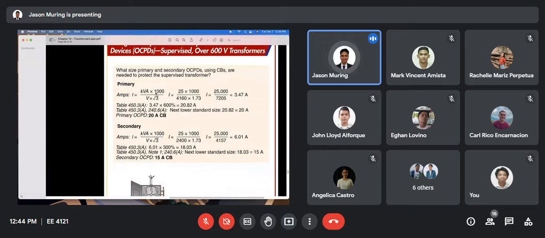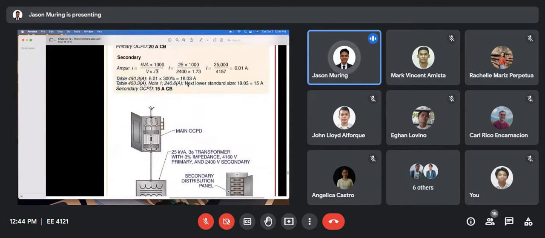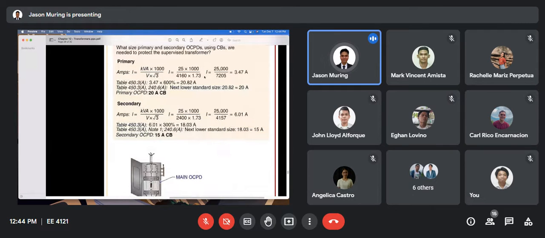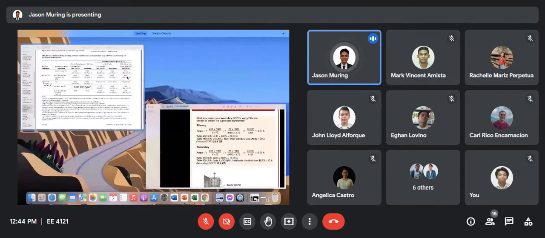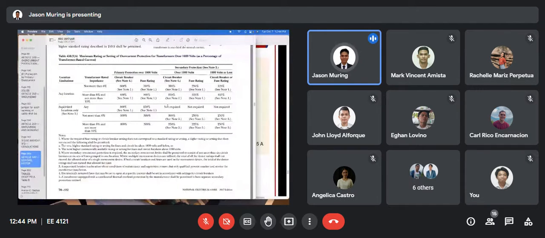Then we solve the line current. So 25 kVA, then the voltage 4,160 and here 2,400. We have here 3.47 and 6.01. Then we look at the multipliers now.